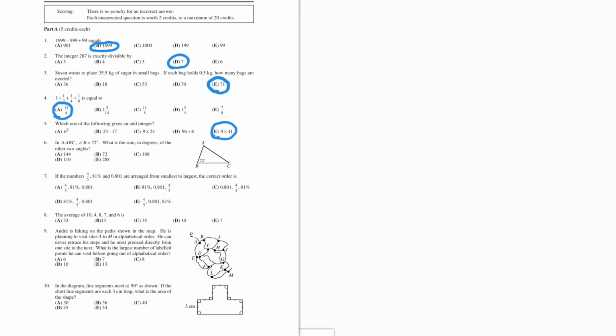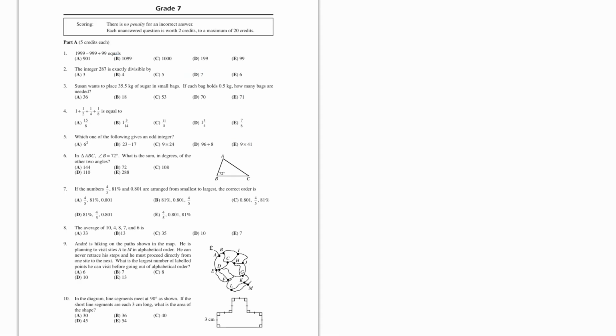Number 6. In triangle ABC, angle B equals 72 degrees. What is the sum in degrees of the other two angles? The sum of interior angles of a triangle is 180. So angle A plus angle B plus angle C equals 180.